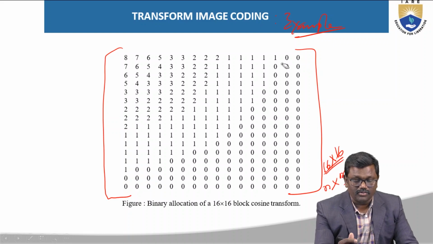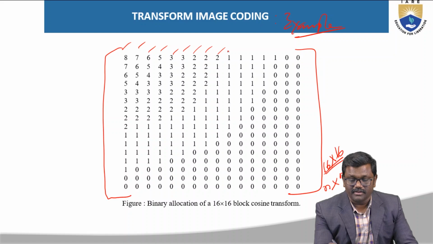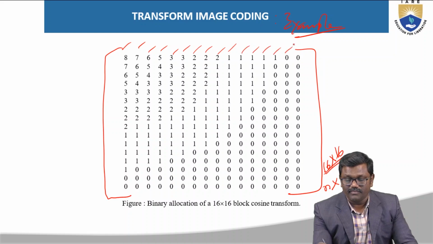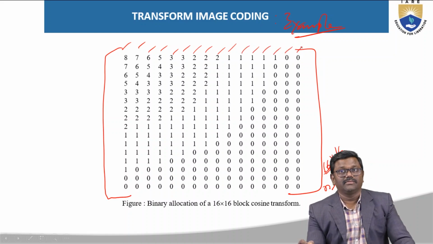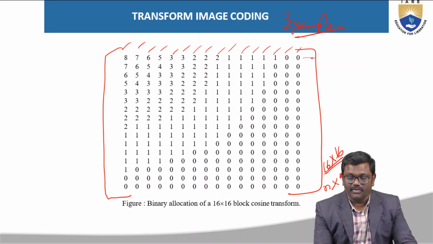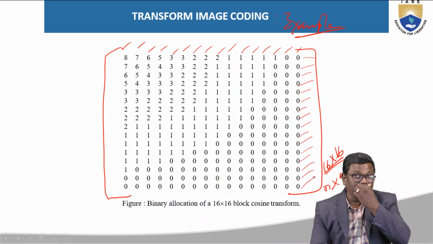If you want, you can count 1, 2, 3, up to 16 columns. Similarly, we have rows also, 1 to 16. So what is 16 by 16?